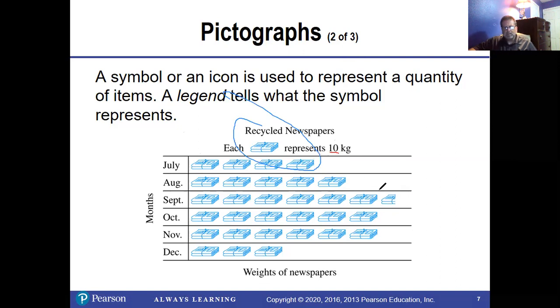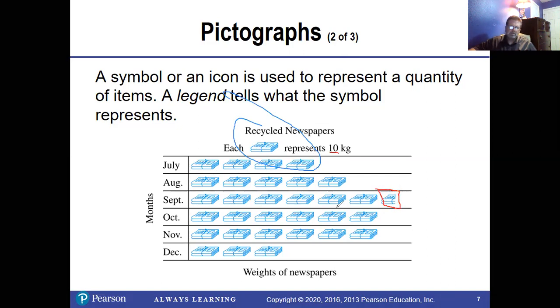Now, you can also have a partial picture. This is what makes pictographs nice: the pictures are nice and the kids can understand it, but you are limited in how you can deal with them. Here you have half a book. It would be impossible to show a fourth of a book.